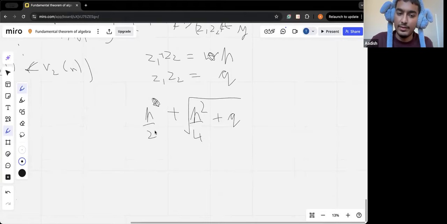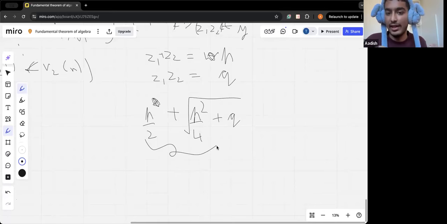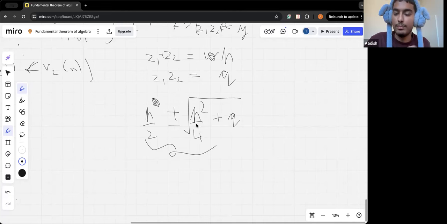This is the quadratic formula. You will get that this is z1 or z2, depending on which branch of the square root you choose. And this is a complex number, and square roots of complex numbers you know how to take. So you can compute z1 and z2 from this.